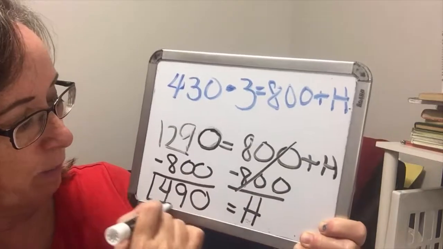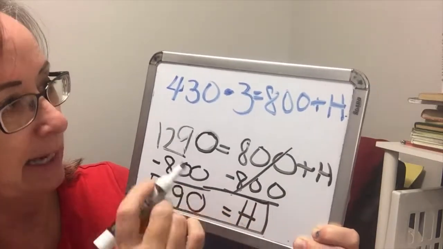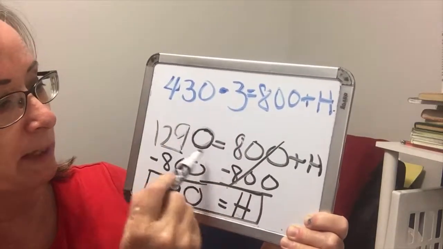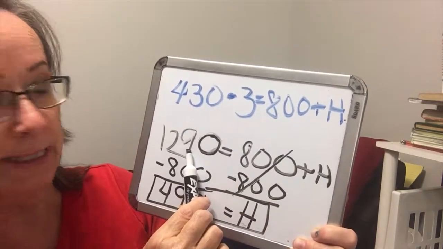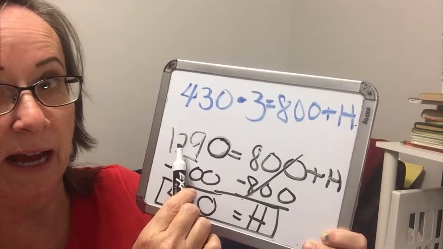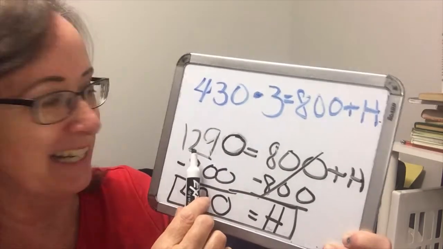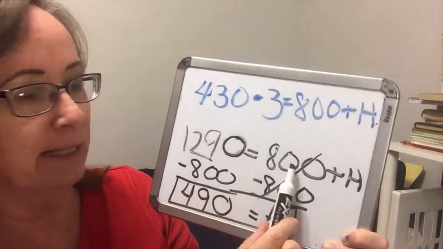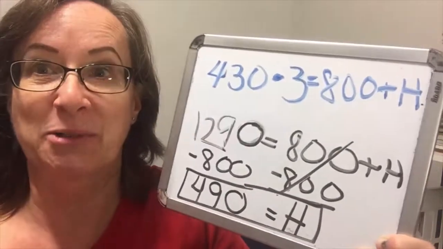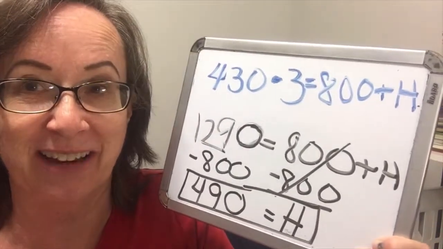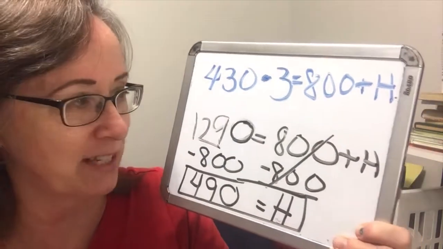Okay, another way that we can do that is we can say, once we get here, this plus this is this, so we can undo the addition. This minus this gives me this, because addition and subtraction also undo each other, as do multiplication and division.